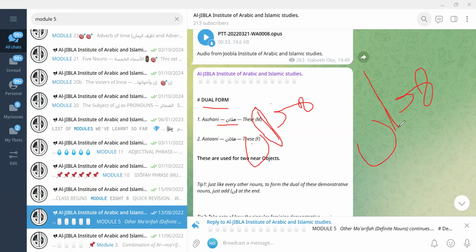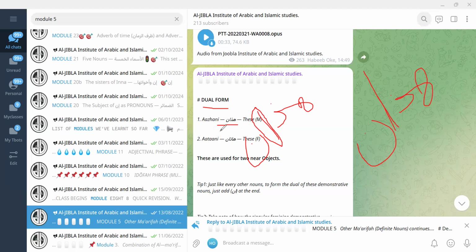Now, when you are forming the dual, the alif has changed to alif al-ithnain, the alif of two people, which now has a grammatical effect on that noun. So this alif in the dual has a grammatical function. It is the alif denoting that we have two people there. The noon, we mentioned, is a replacement for tanween. Okay, so hadani.